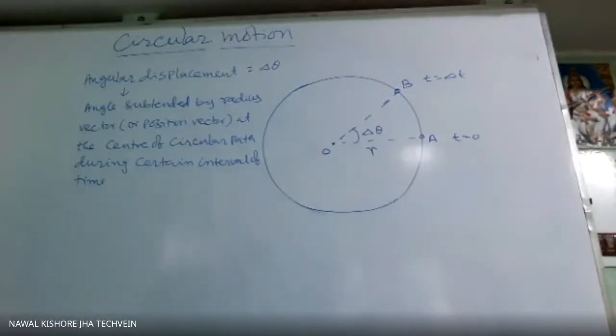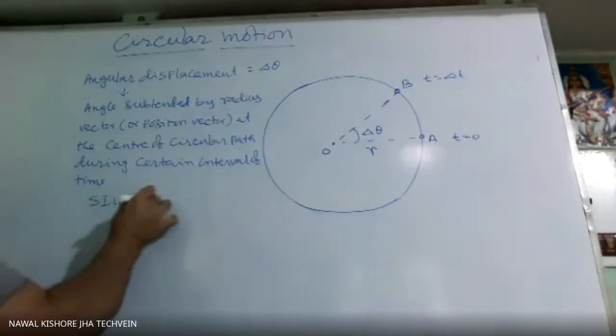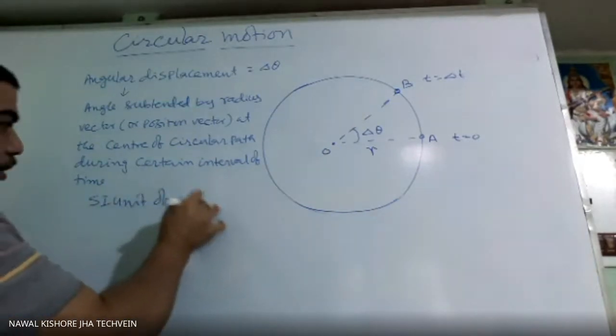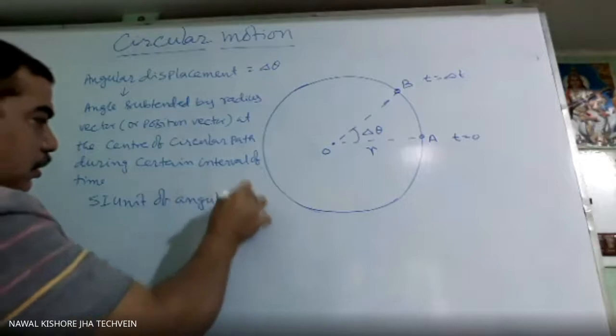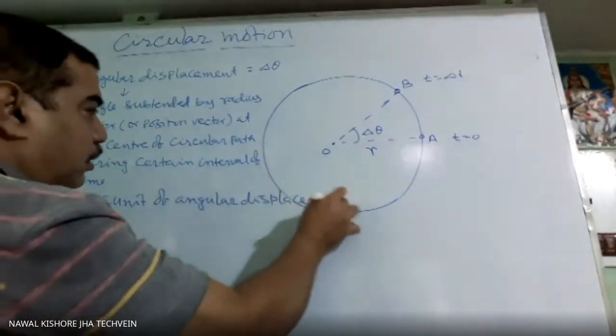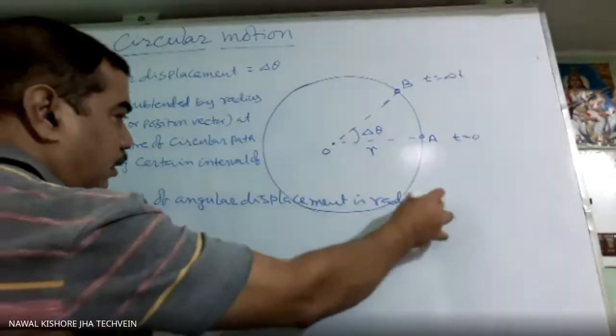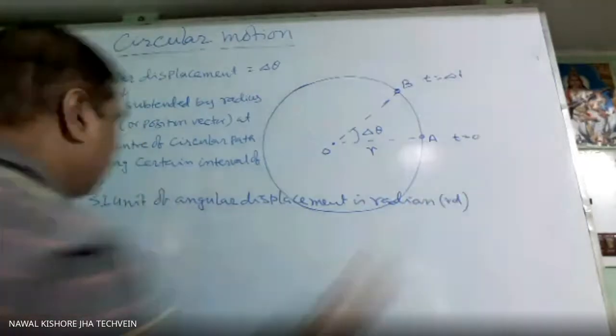So naturally, the SI unit of angular displacement will be radian.